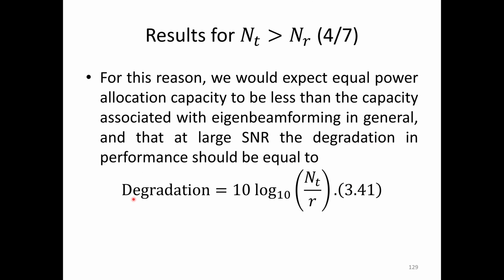We can see that the degradation is equal to 10 times log 10 of NT over R. Because actually we can only support R data streams, but now we expect to excite NT data streams. So this is the degradation.